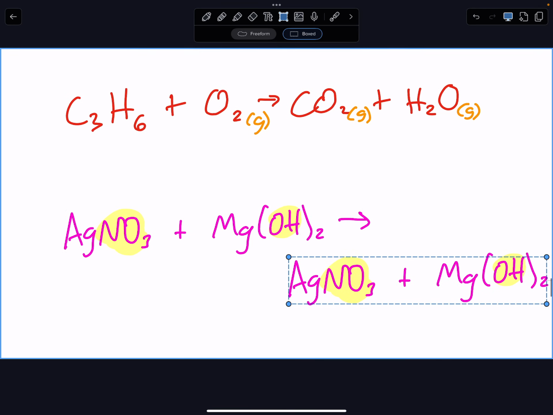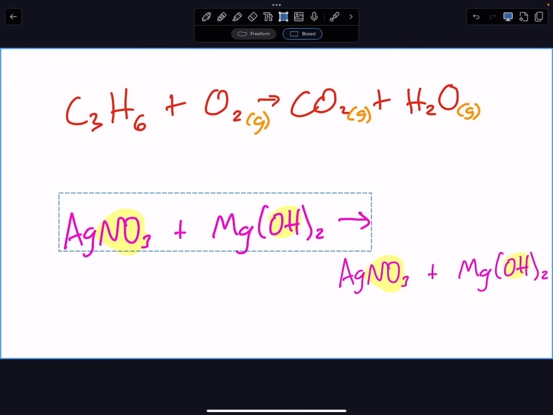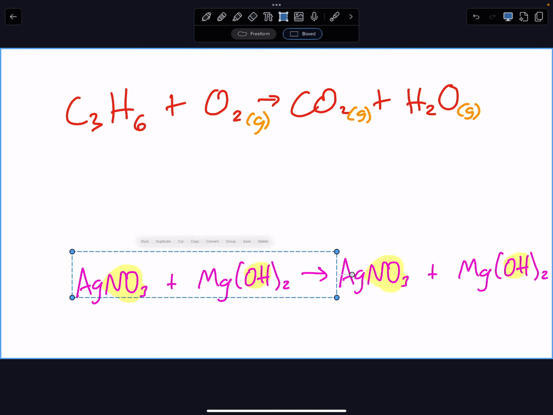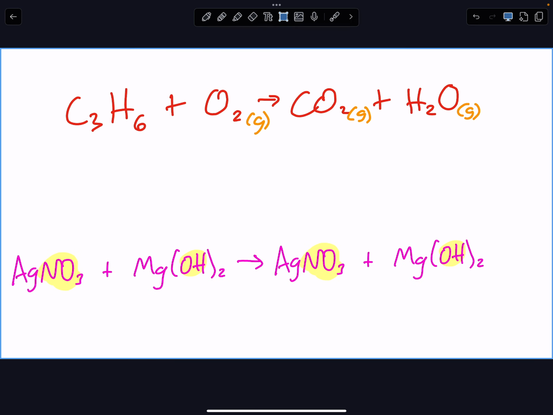Who is changing places? OH and NO3. So NO3 is going where OH is, and OH is going here. They're changing places.